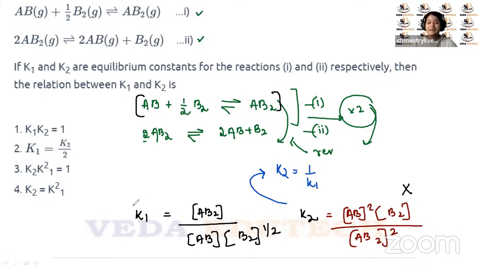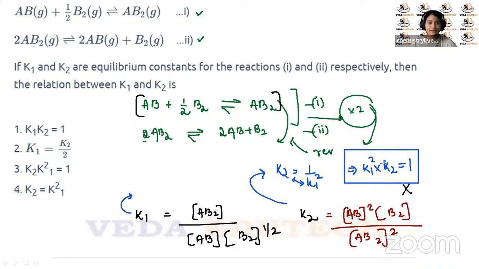When you multiply something, it becomes a power. So now if I cross multiply, it is going to be K1 square into K2 equals 1. This, children, is going to be your answer, and it is present in option number C. So option C is your answer.